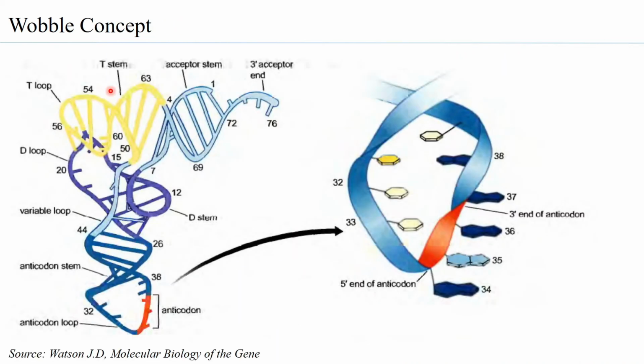So in the Wobble concept, the understanding is that just the 5' end nucleotide of the anticodon is the one that is wobbling. So what is clear is that this wobbles, but not the 3' nucleotide. If this is considered to be the anticodon, this portion is the anticodon.